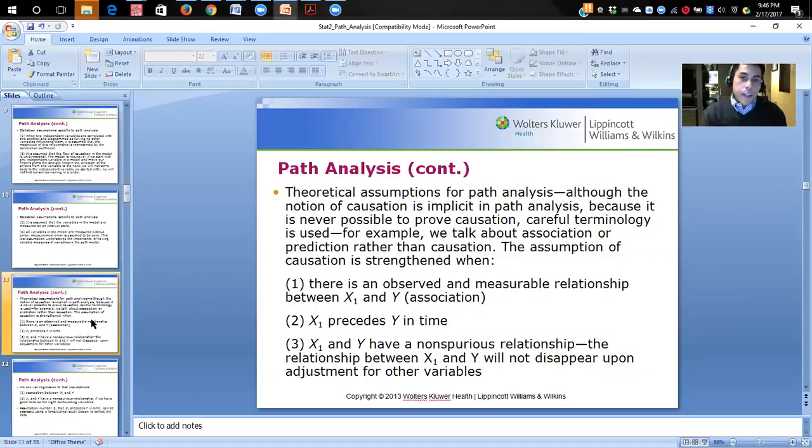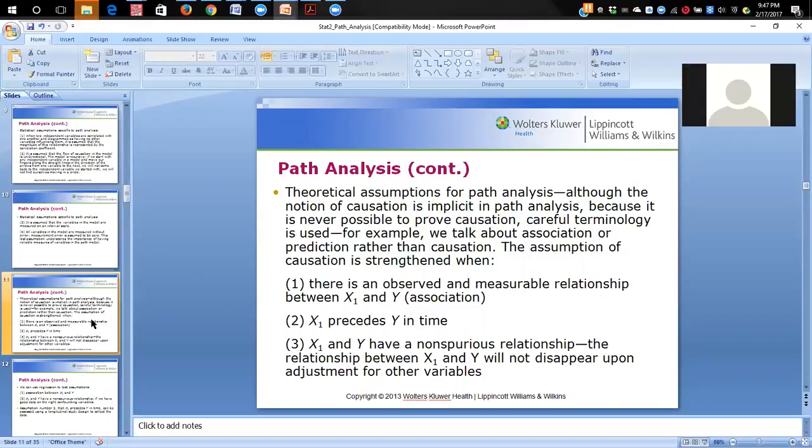For example, when we discuss association or prediction, we don't really mean that that's a cause and effect.